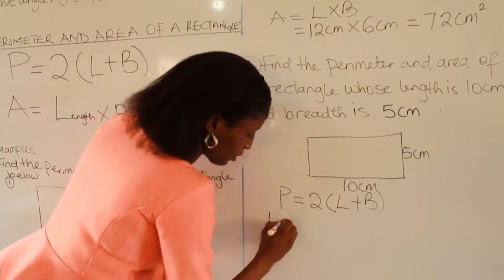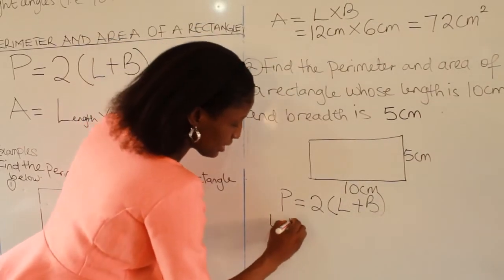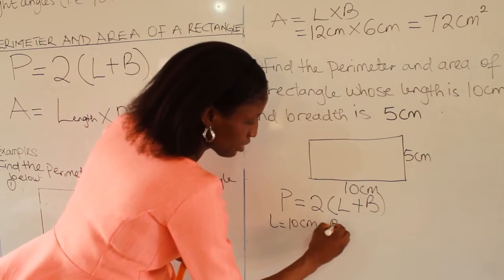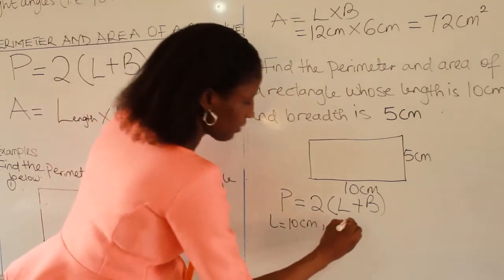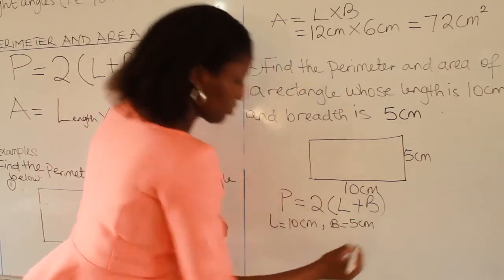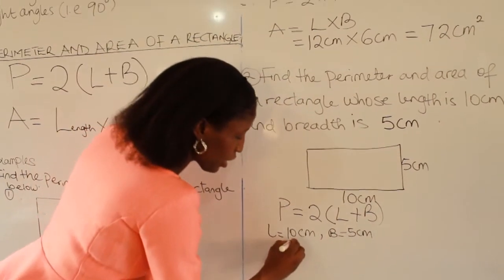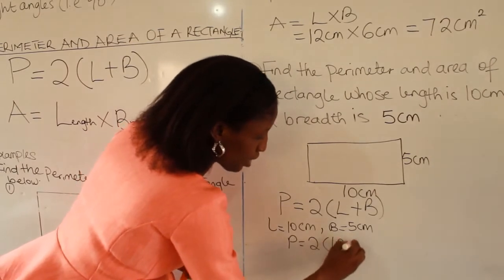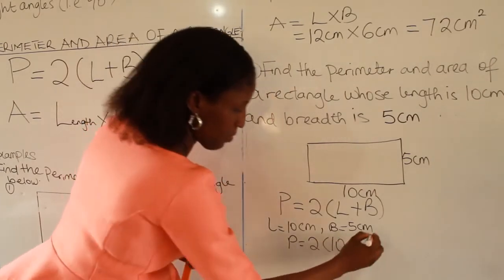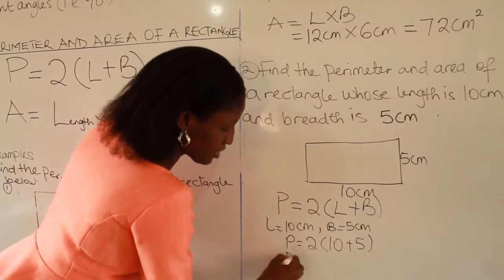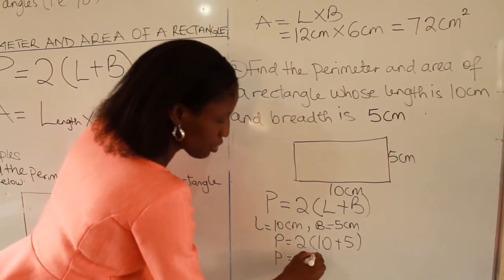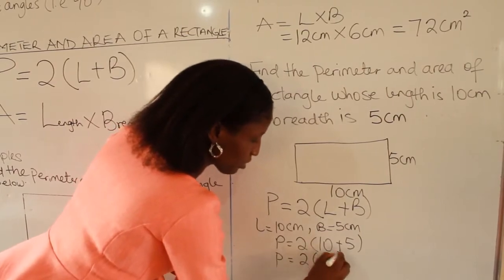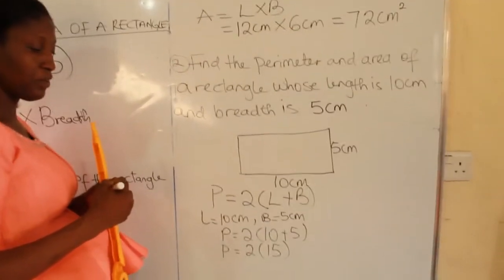The length given in the question is 10 centimeters and the breadth given is 5 centimeters. So perimeter equals 2 bracket 10 plus 5. 10 plus 5 gives 15.